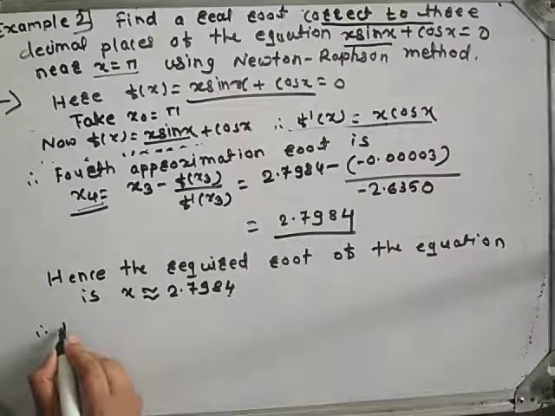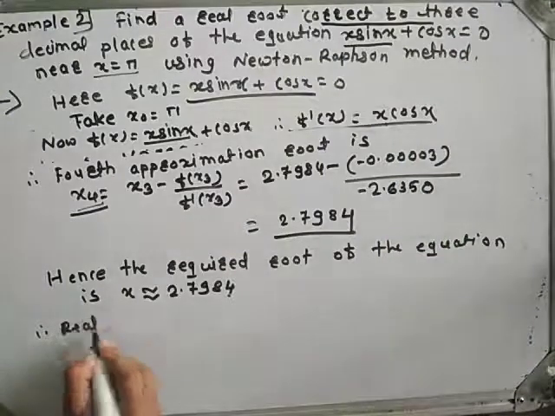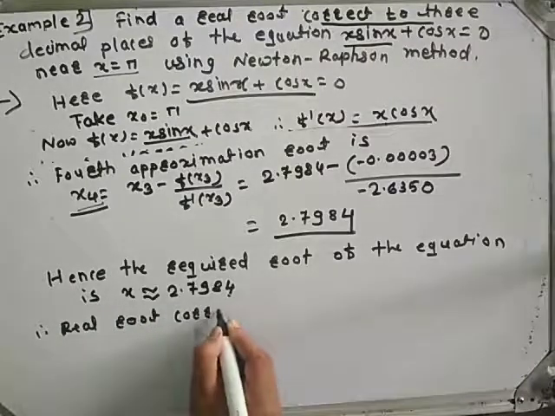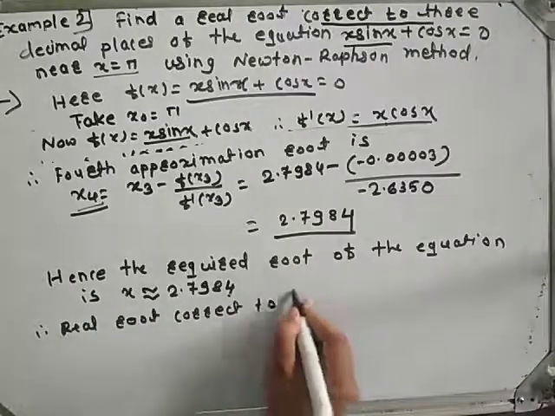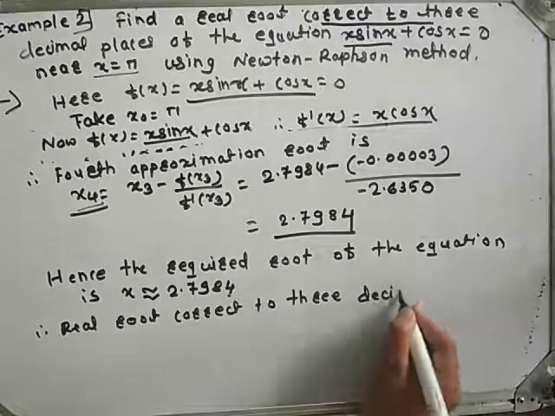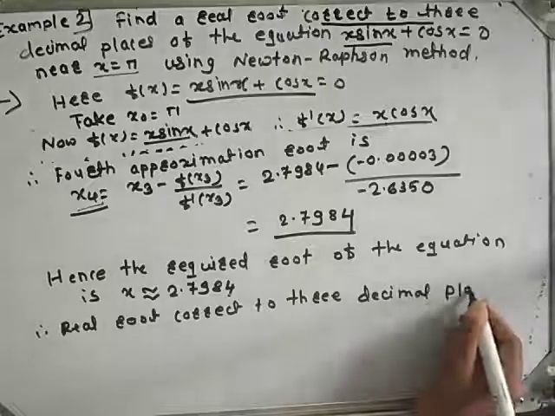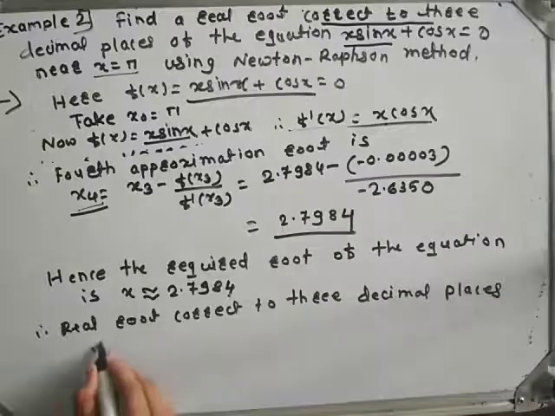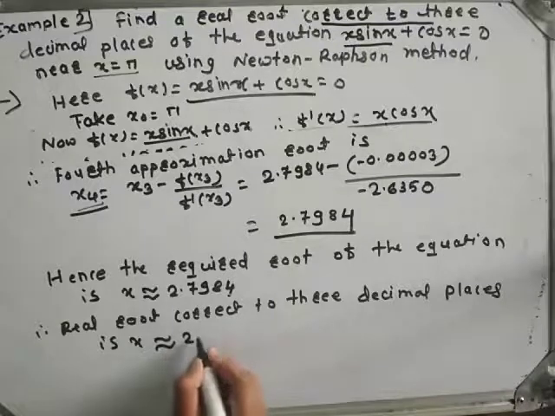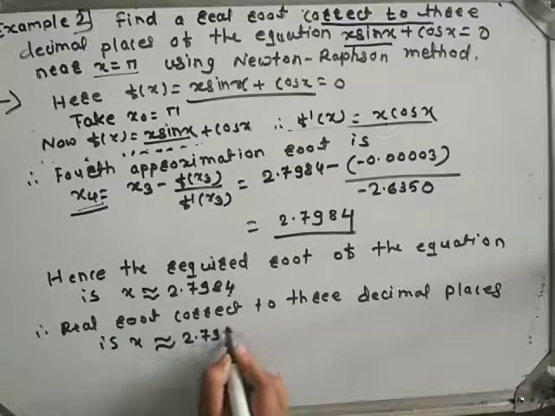Therefore, real root correct to 3 decimal places is x is approximately equal to 2.798.